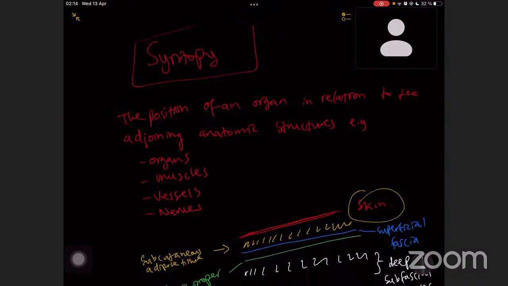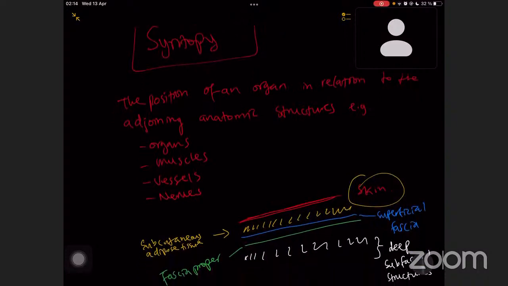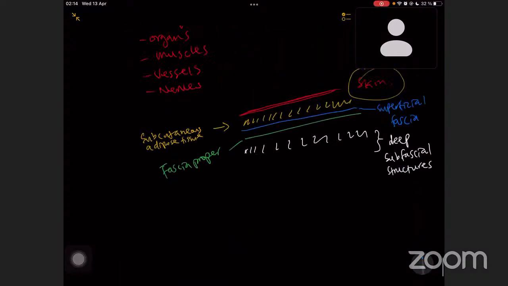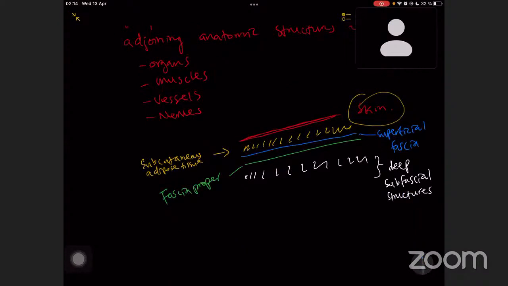Synthopy allows us to describe the position of an organ in relation to the adjoining anatomical structures. For example, the relationship of an organ to other organs, to muscles, to vessels and nerves.